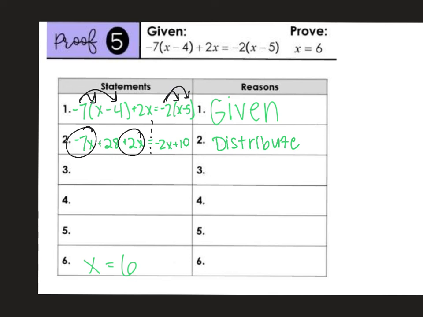So we're combining like terms. The reason that we call that is simplify. You're just making it more simple for yourself. You're just rewriting it.